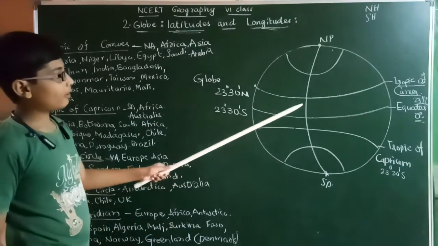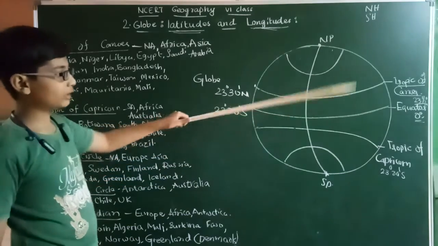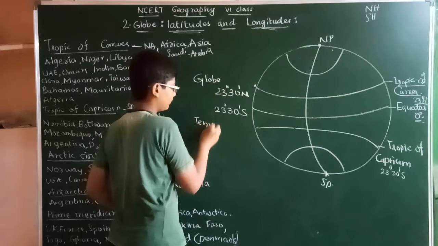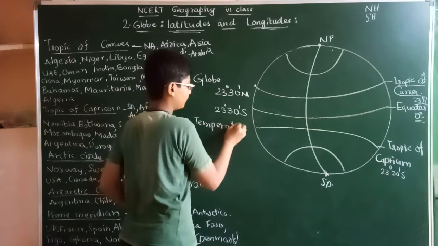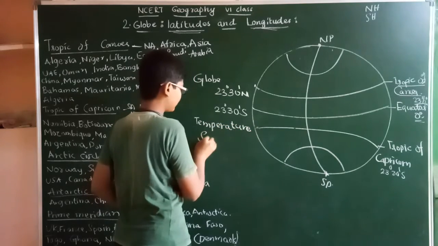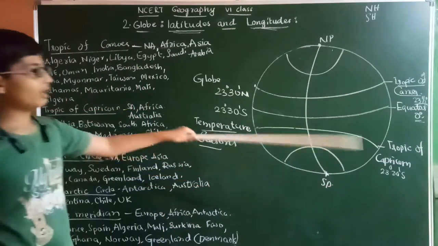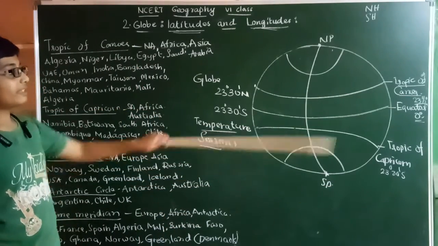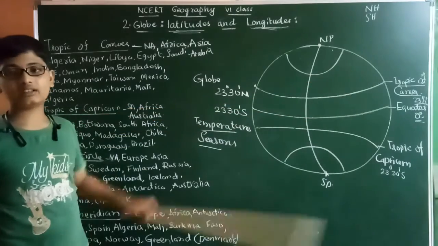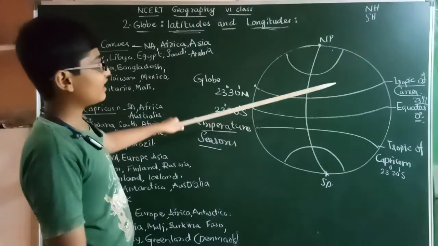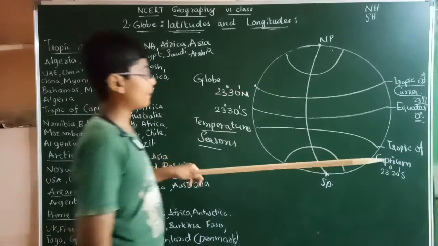These two latitudes are important because they decide the temperature and seasons of the earth. From here there will be a change in the climate, and there will be a difference in the temperature.